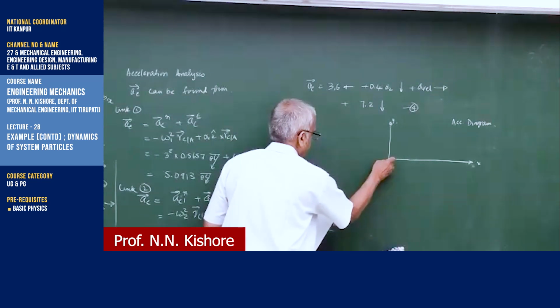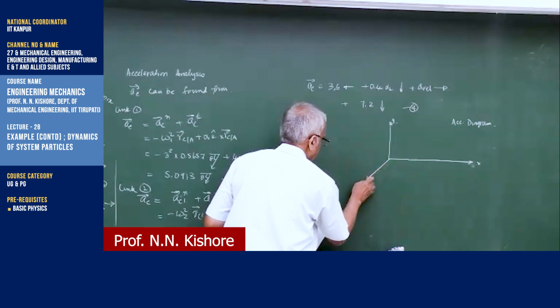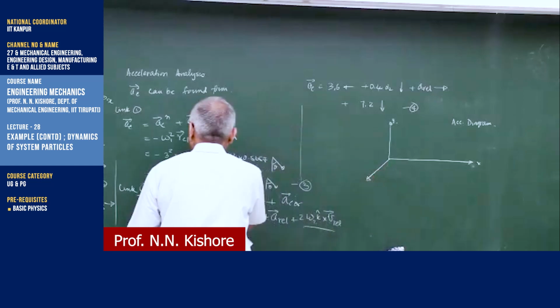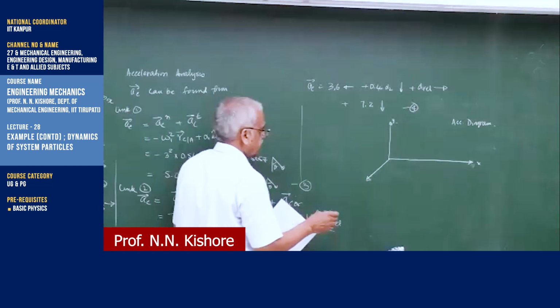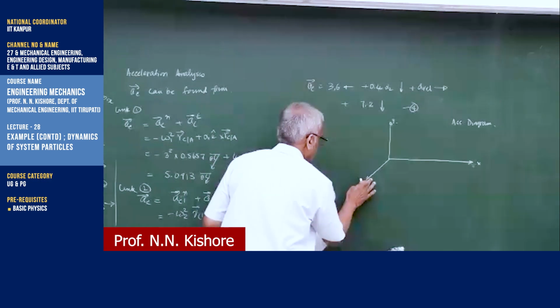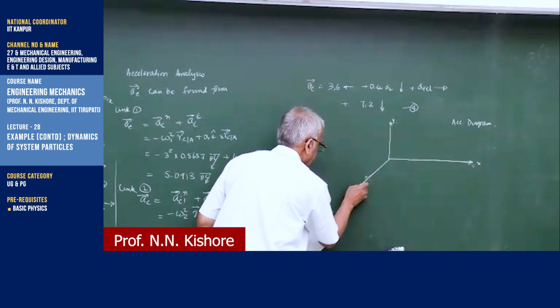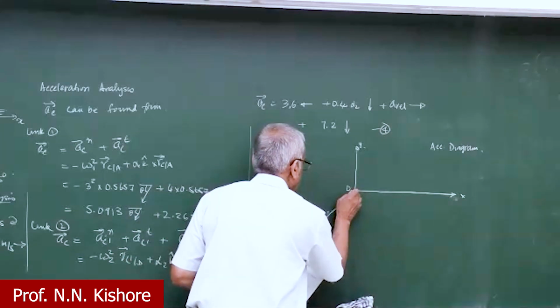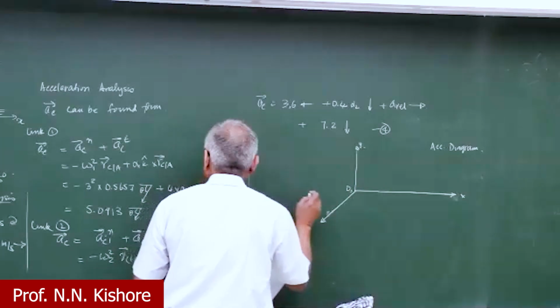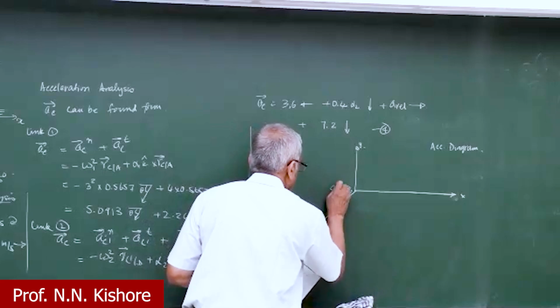Shall I put the numbers? I think I'll put the numbers. So this is AC, the normal component. This is AC, the tangential component. And together we get C. So this point is C.